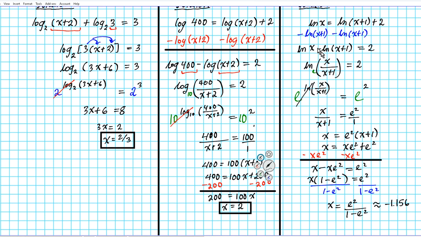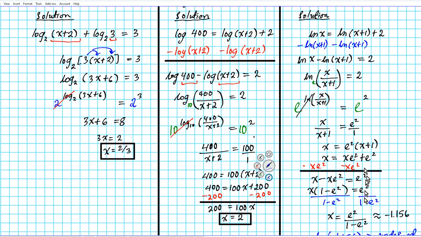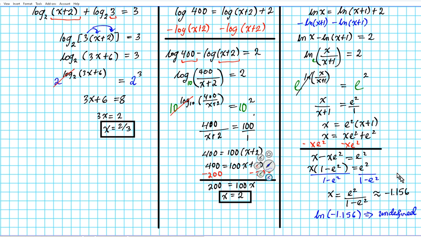If you wanted to do a check, you look at the natural log of negative 1.156. This is undefined, because you're violating the domain. You also have a violation here because negative 1.156 plus 1 will result in a negative argument too. So it takes just one to result in a domain violation.